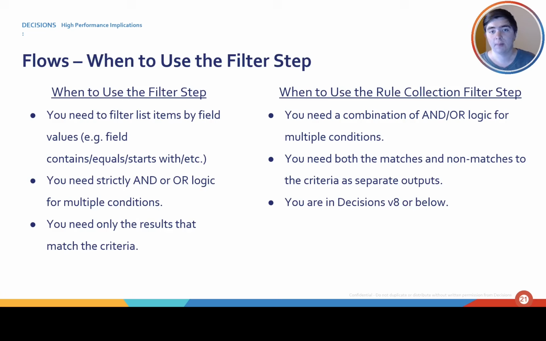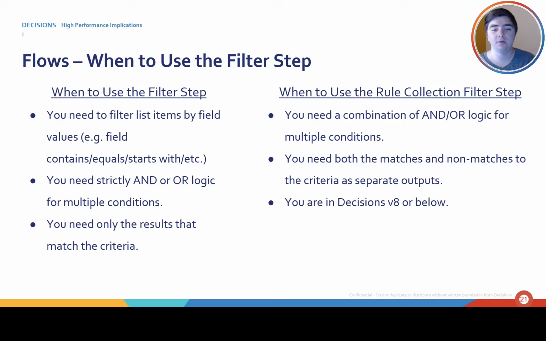All right. Now let's go into when you want to use the rule collection filter step instead. If you need a combination of and or logic for multiple filter conditions, and it cannot be refactored to just use and logic or logic, this may be the way to go.